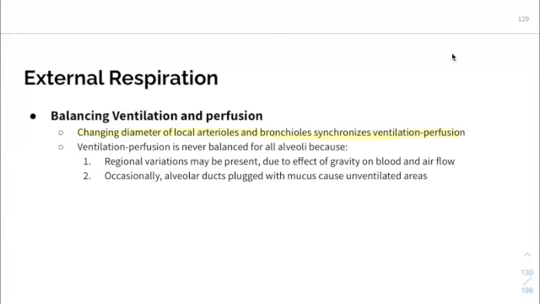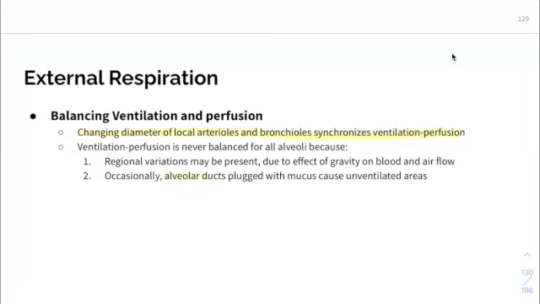They have to synchronize. One is happening, the other needs to happen. And that needs to happen so we can keep our gas levels for carbon dioxide and oxygen equal.